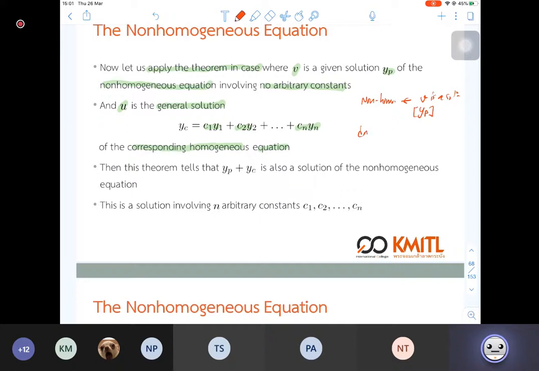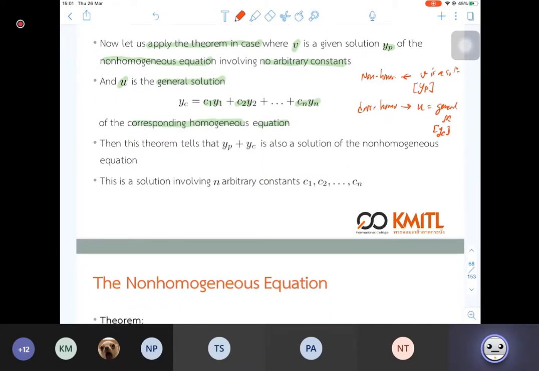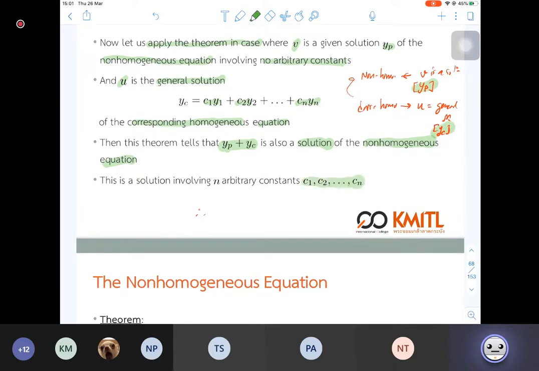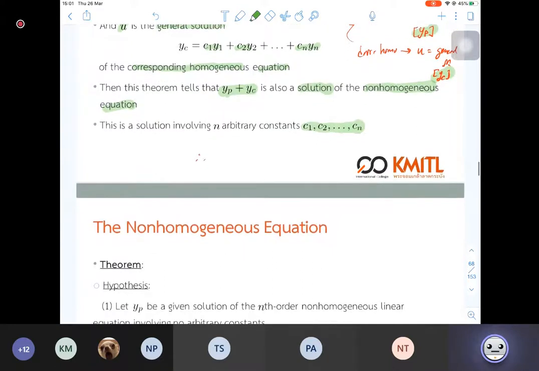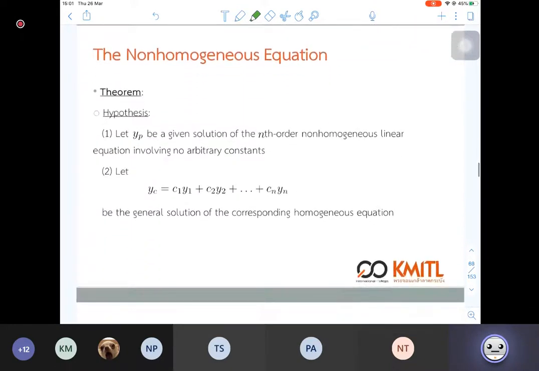For the corresponding homogeneous, you get U, which is the general solution, and we call that YC. So the theorem said YP plus YC is going to be a solution to the non-homogeneous as well, right? This is from the theorem. And we also have n arbitrary constants C1 until Cn, okay?